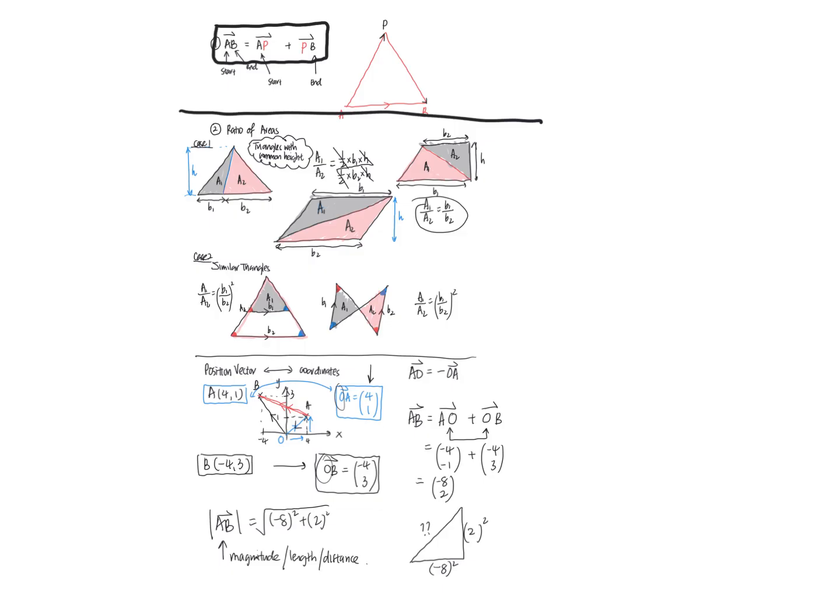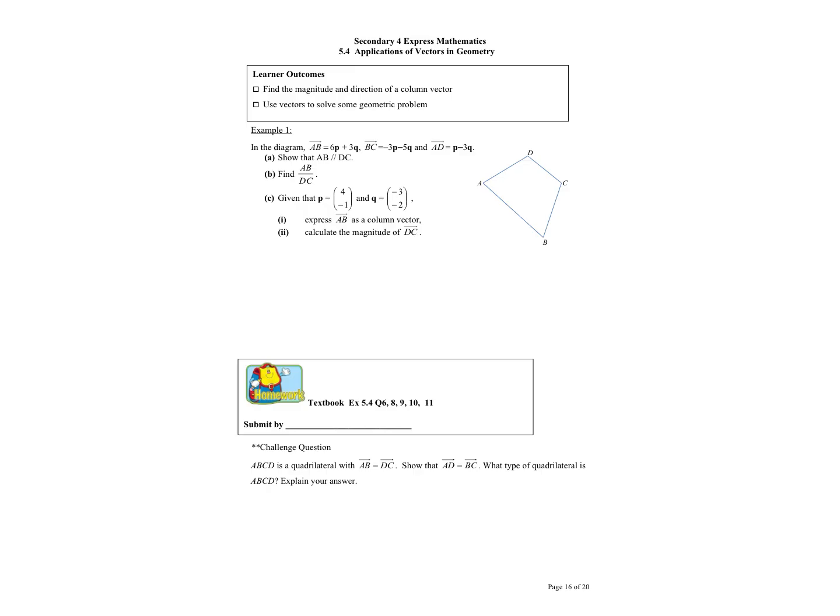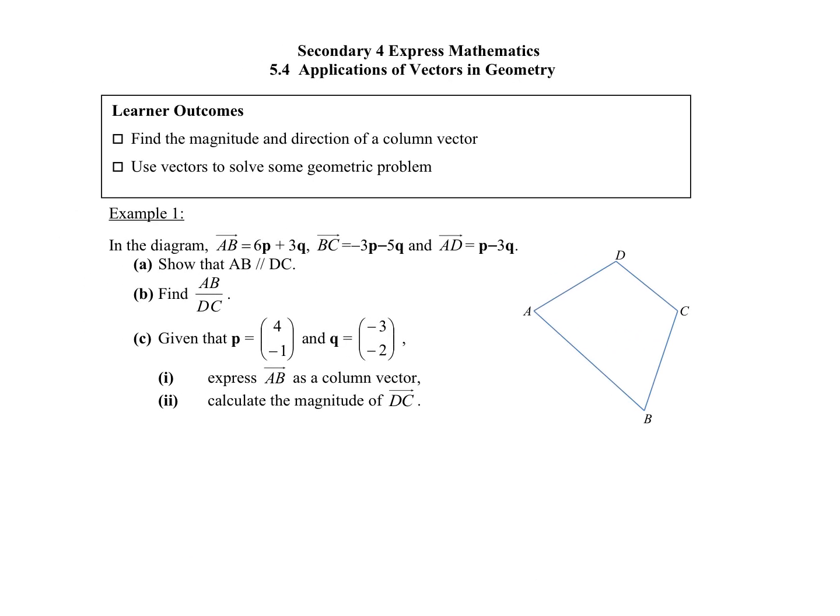Okay, this one now is application. If you are given a full question on vectors, how can we approach the question? First thing they say, moving from A to B is 6P plus 3Q. So this is 6P plus 3Q.